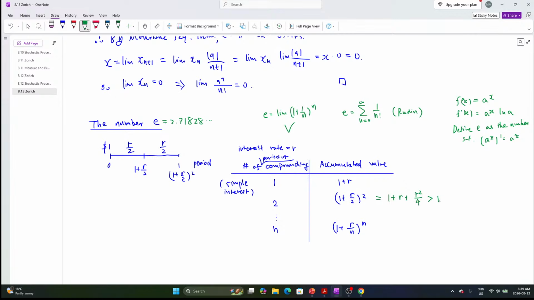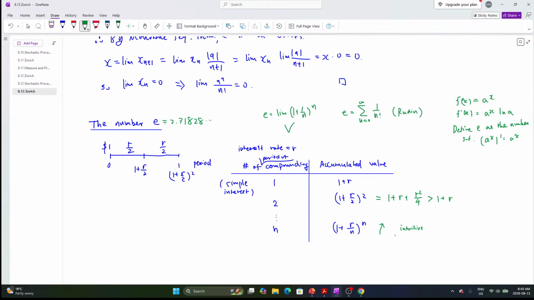So indeed this is greater than 1 plus R, as our intuition suggests, because you increase the principal in the middle of the period. So it makes sense that (1 plus R over n) raised to the n is increasing, intuitively, because in this process you keep increasing the principal throughout the period.